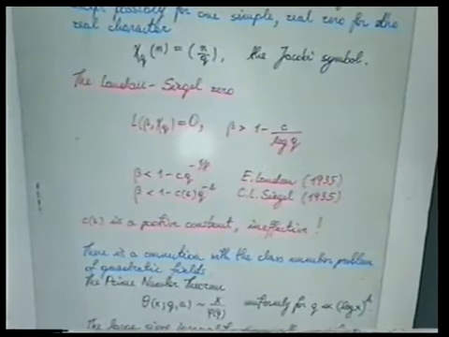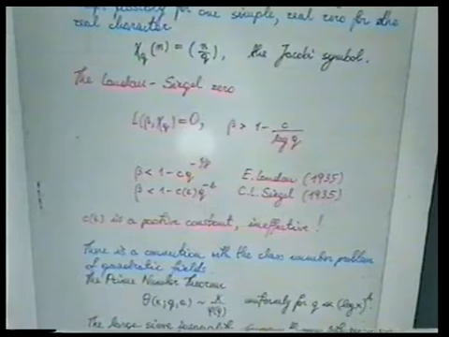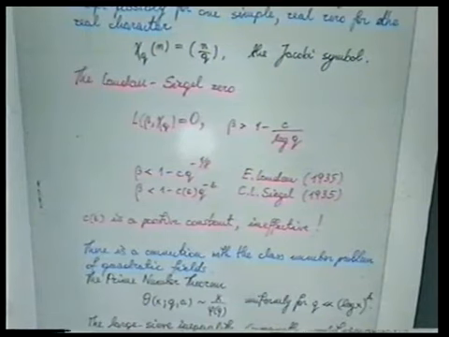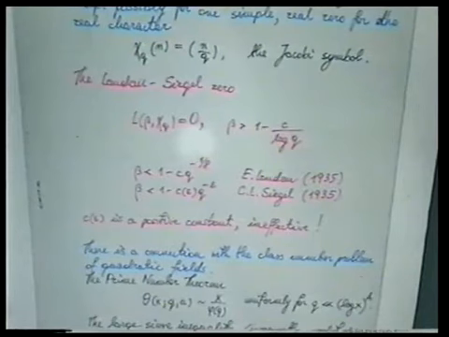Landau proved that it is less than 1 minus a constant over q^(1/2 - 1/8), and Siegel, half a year later in the same journal, not referring to Landau at all, proved a little bit better: for any epsilon, you get this bound with a constant which depends on epsilon, but unfortunately the constant is ineffective.